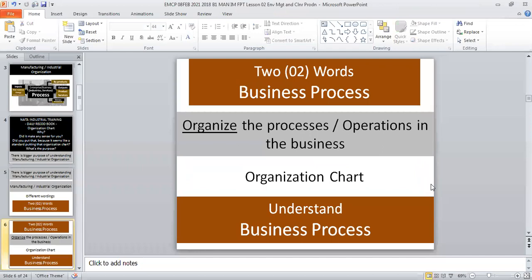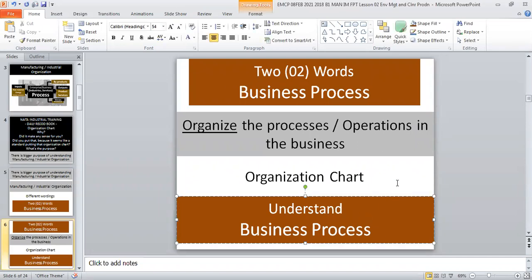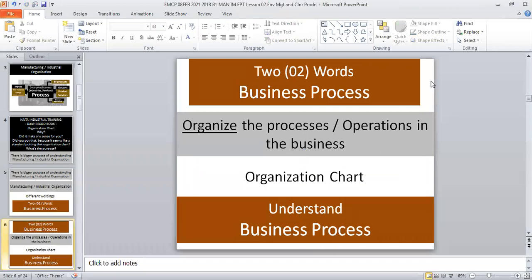Because when you are working, you are part of that, a human resource element in this process. No matter you do technology, management, product development, innovations, marketing or sales, all is related to the business process. Any questions?